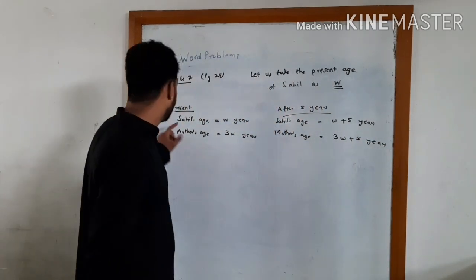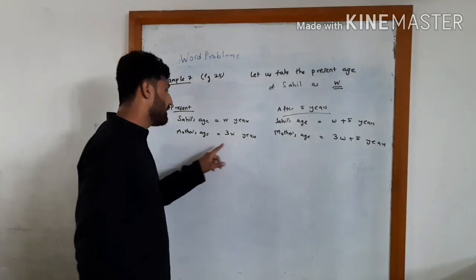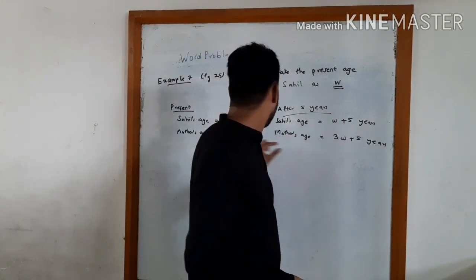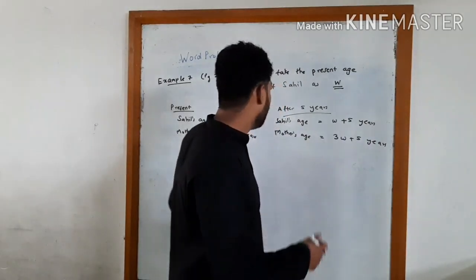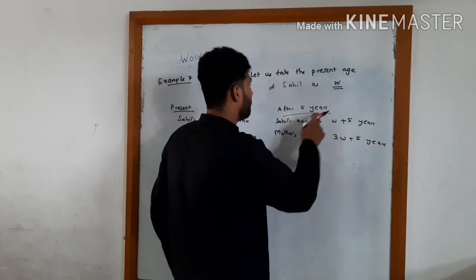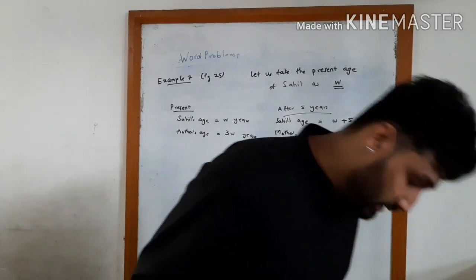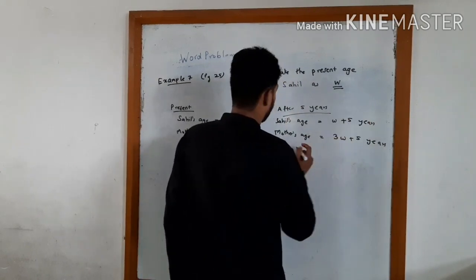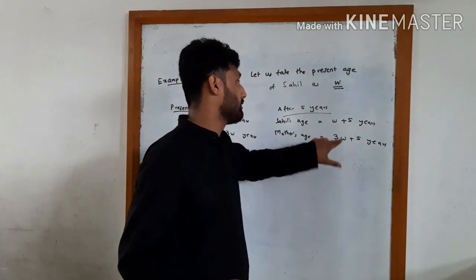Let me explain again. Presently, Sahil's age is suppose W years, then mother's age is 3W years. After 5 years, you will add 5 to the present ages to get the future age. And it is given that after 5 years, the sum of their ages is how much? The sum is 66 years.